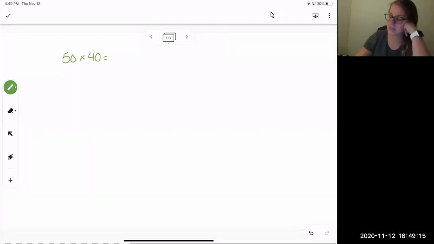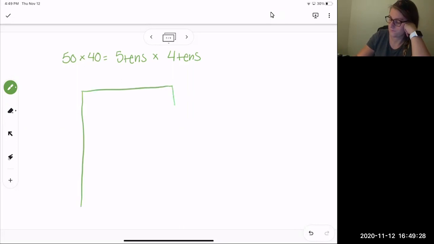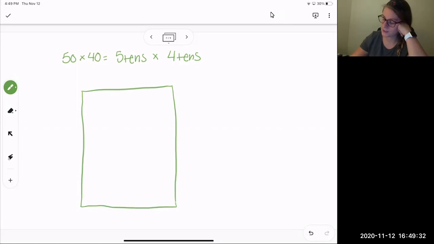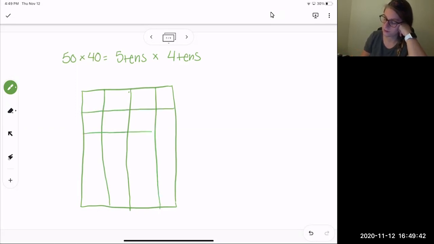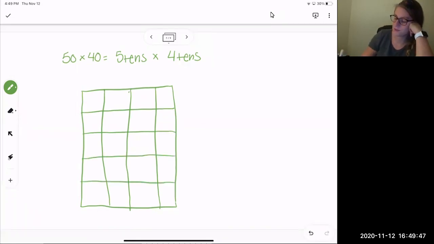Okay, so 50 times 40 is going to be 5 tens times 4 tens. So using our area model, we can represent 4 tens going up and down and 5 tens going across. So each of these would be 10, 10.